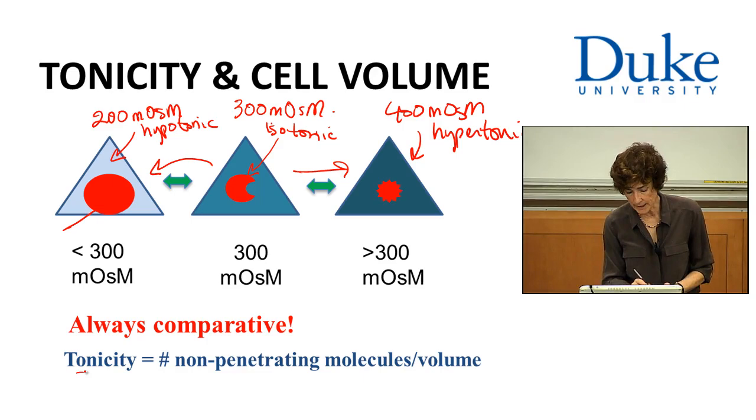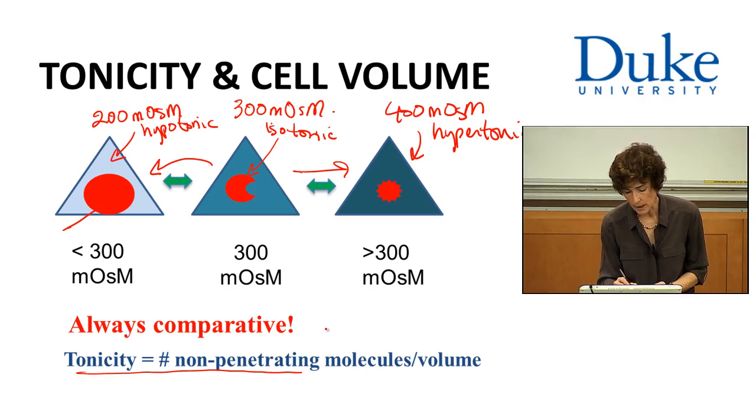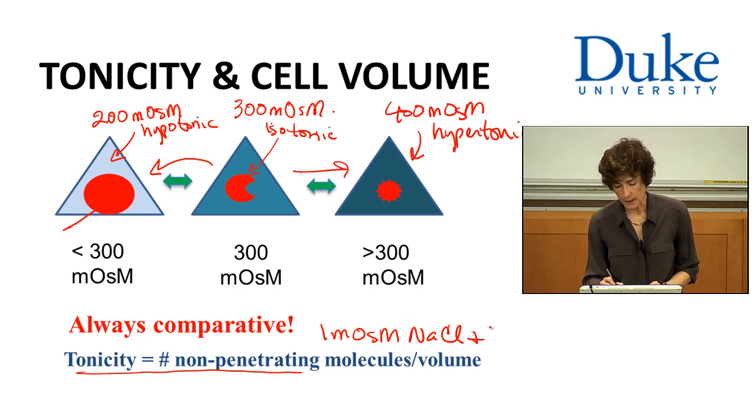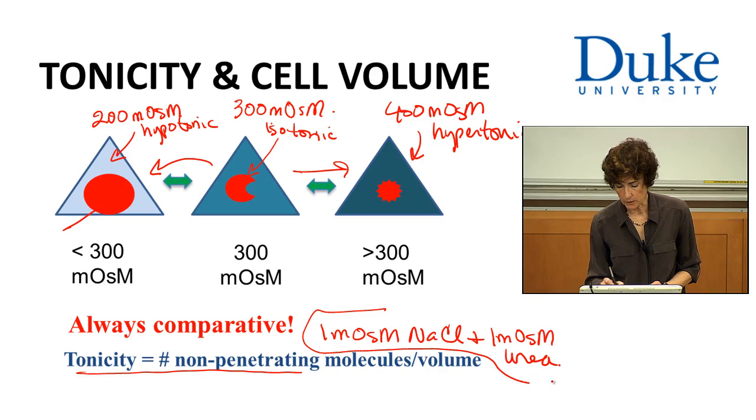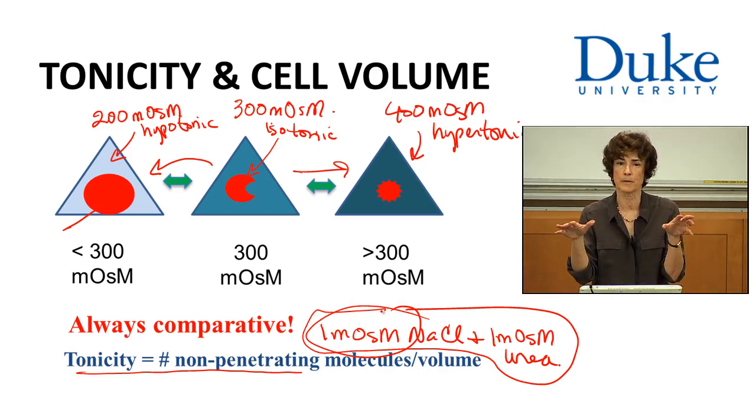So the tonicity then, we have to consider the non-penetrating molecules only. So in a solution where we have a 1 milliosmolar solution of sodium chloride, and we add to it a 1 milliosmolar solution of urea, that solution would still be only 1 milliosmolar because we don't consider the urea. The urea can go across the plasma membrane.